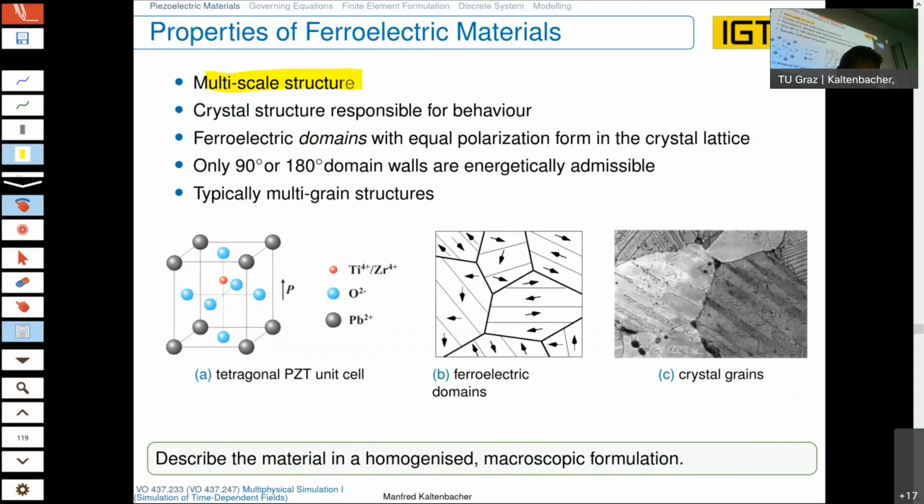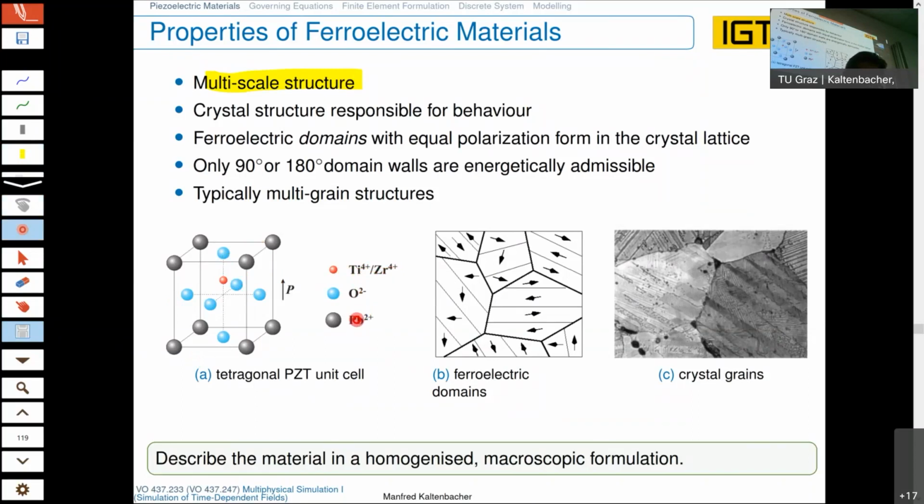And that is, let's say, the different bridgings you have there, starting here on the atomic level, where we have titanate or zirconate, we have oxygen, and we have the lead here.